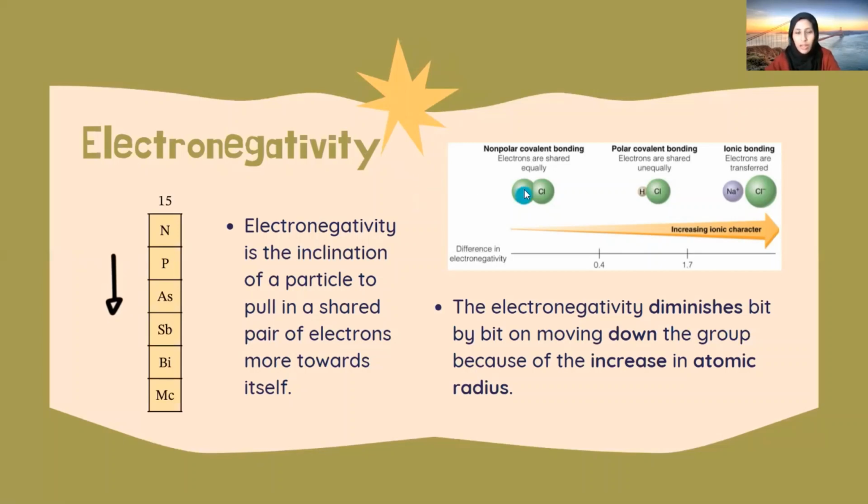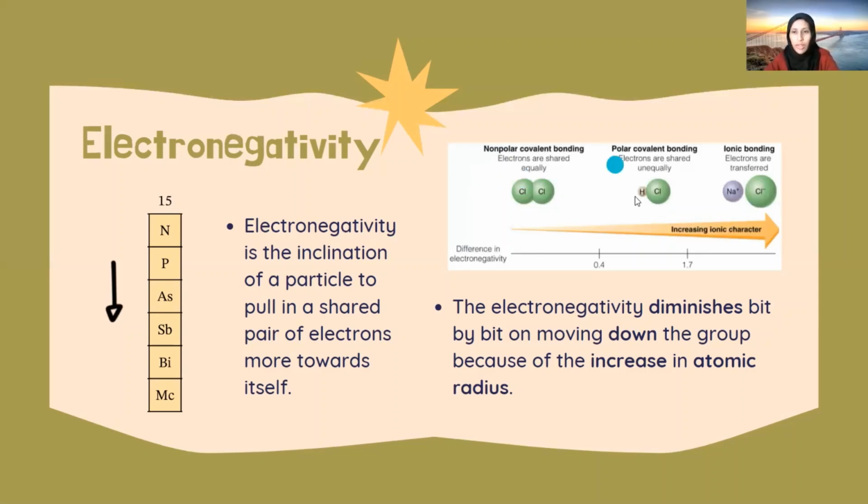First, for example, the Cl2 molecule has a low difference in electronegativity, so it is considered a non-polar covalent bond, where the electrons are shared equally.